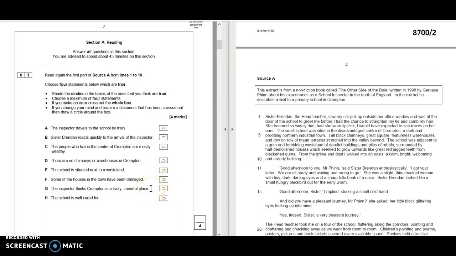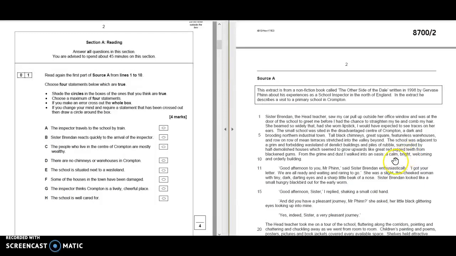Now G, I think, is the tricky one. The reason I think it's tricky is because there's no clear evidence. It doesn't say the inspector thinks Crompton is lively or the inspector thinks Crompton is horrible. This one you've got to use your implicit knowledge and an inference, okay?